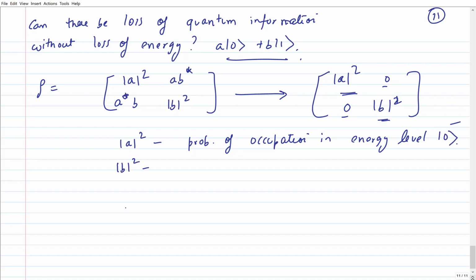Similarly, b square was the probability of occupation in energy level 1.